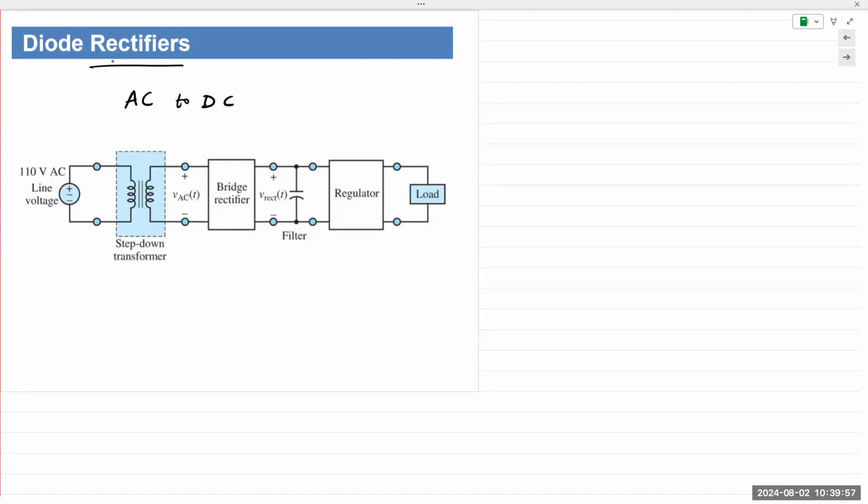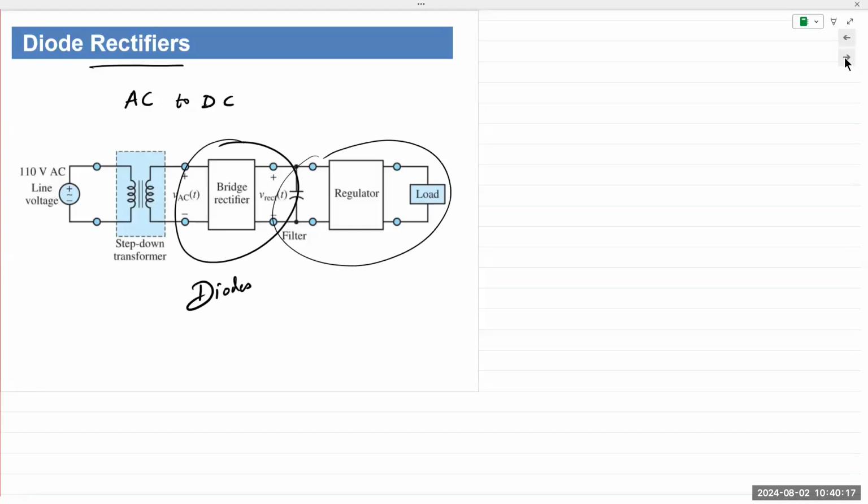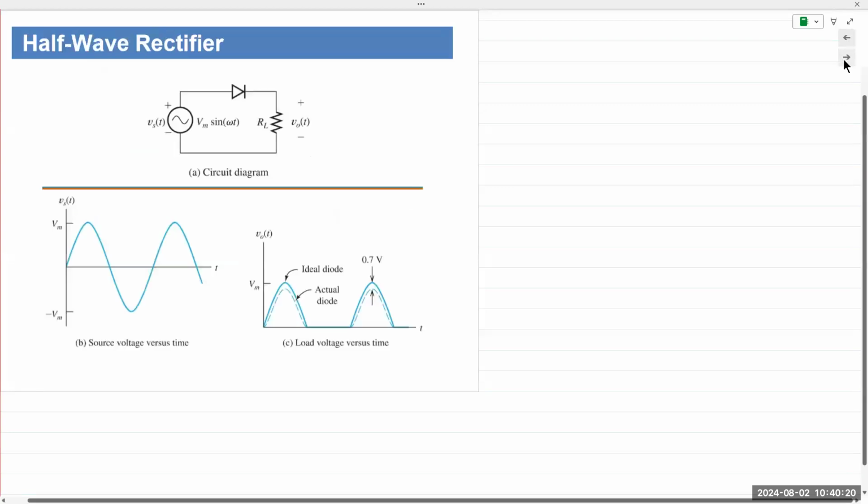If you have access to an old one that no longer works, you might want to open it up and take a look at the components inside. Pretty much what you'll see is a rectifier circuit made up of diodes, and then there will be filters and regulators. So we're going to see how we can use a diode for rectification.